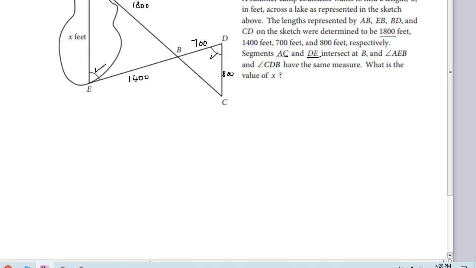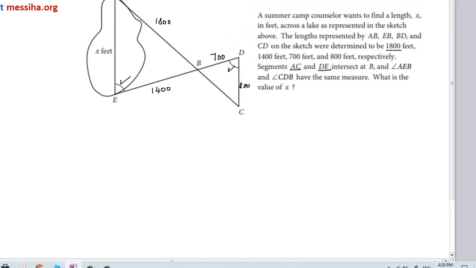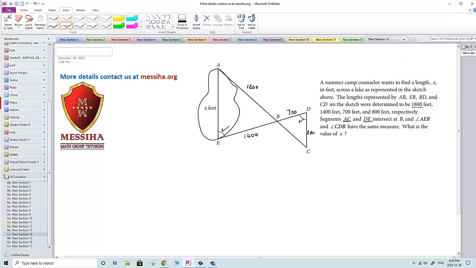What is the value of x? First of all, when we see this angle E and this angle D, they are the same and they are in the position of alternate angles, right away I can say that AE is parallel to DC. Since these two angles are alternate angles.